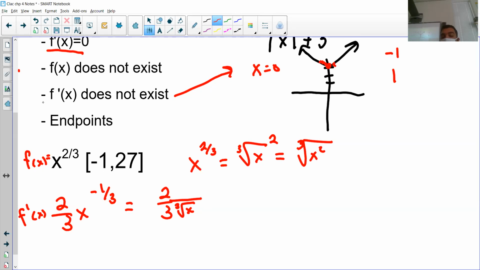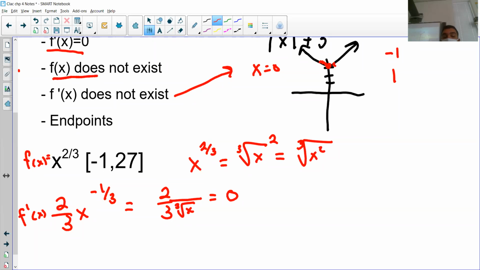We'll do that at the end. So one candidate would be where this would equal 0. Now, is there any number I could plug into this that would cause it to be 0? No. There's no number I could plug in to cause 0. So we finish our first checkpoint.